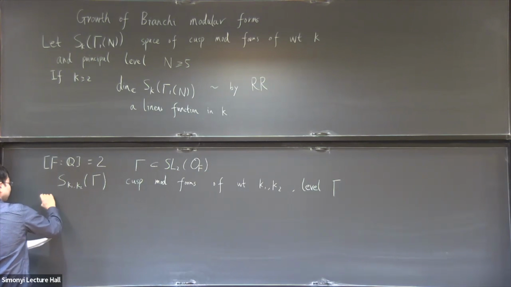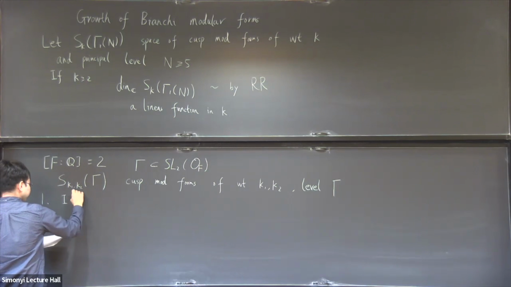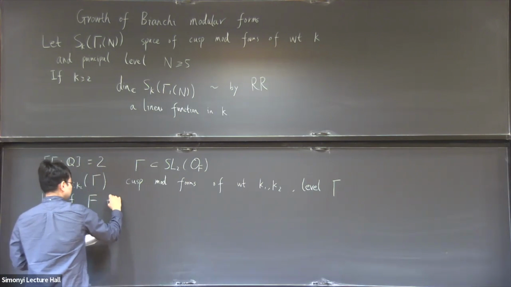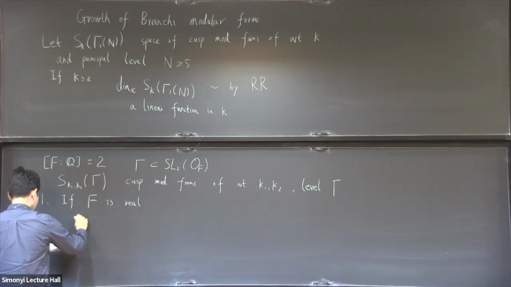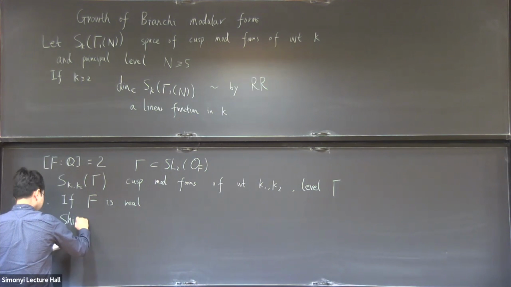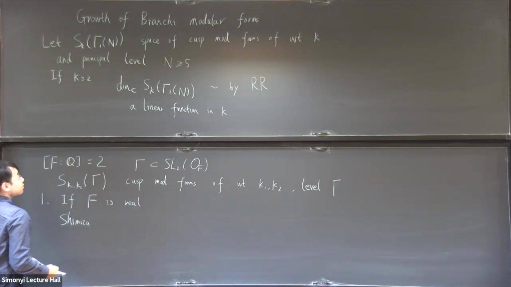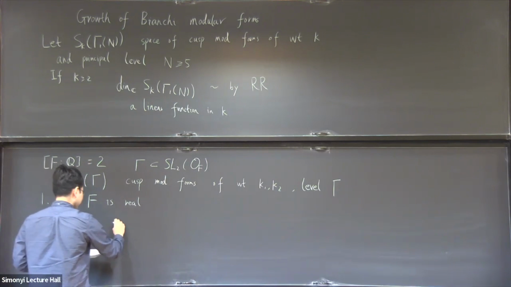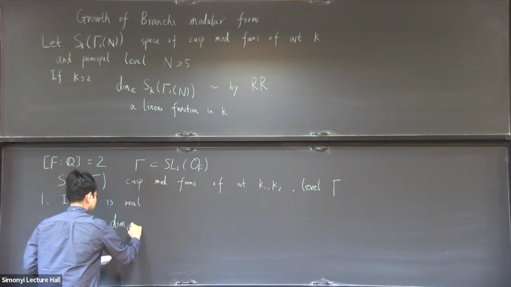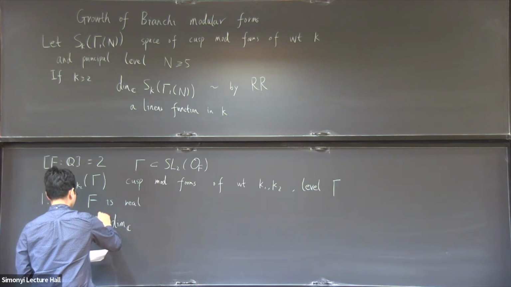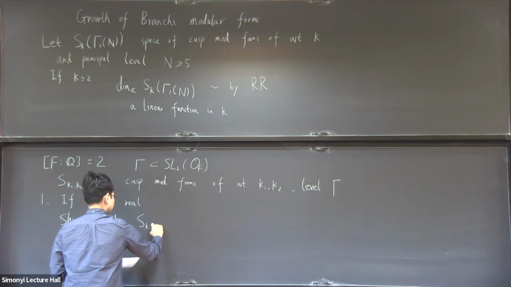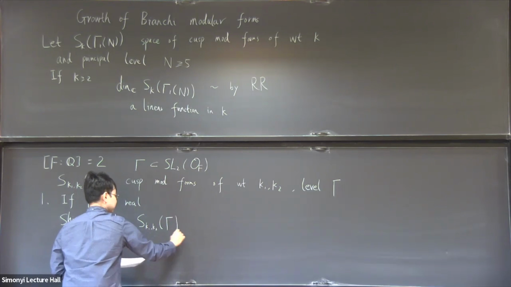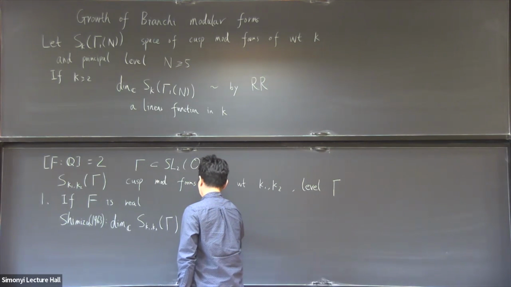So there are 2 situations. First, if F is real quadratic, Shimizu has proved that he has established asymptotic growth of the dimension of that space, and it is approximately multilinear in both k1 and k2.